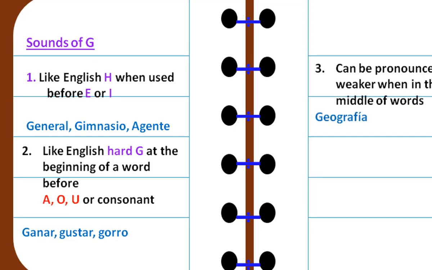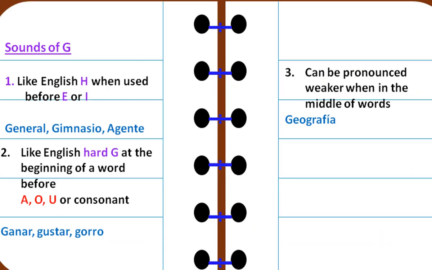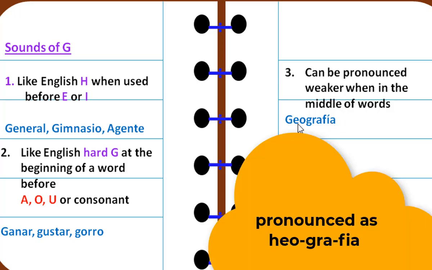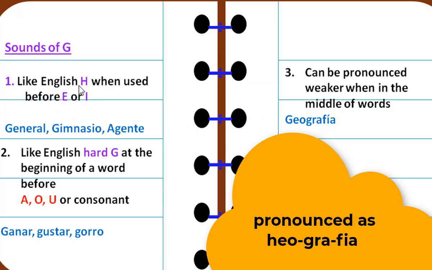Third rule: G can be pronounced weaker when it is in the middle of a word. Here is a word which means geography. We see an E, so the first rule applies and it sounds like English H. Heo, that's the first syllable. Second syllable, gra.